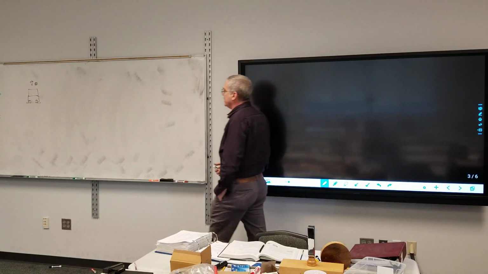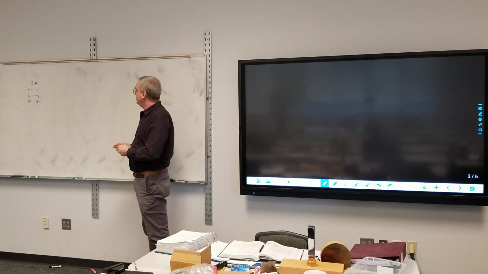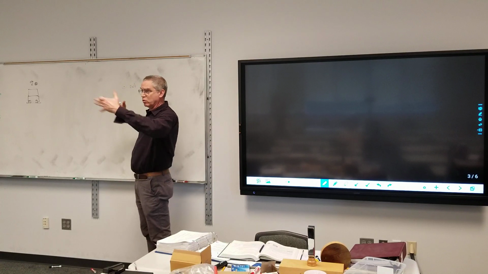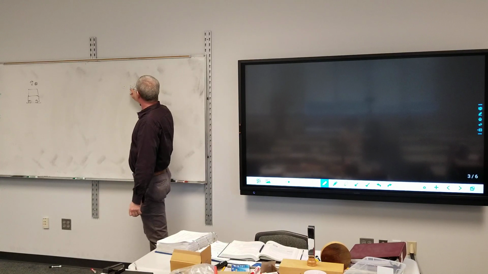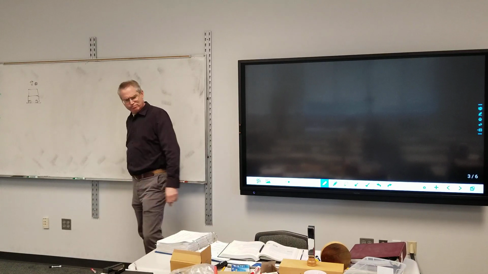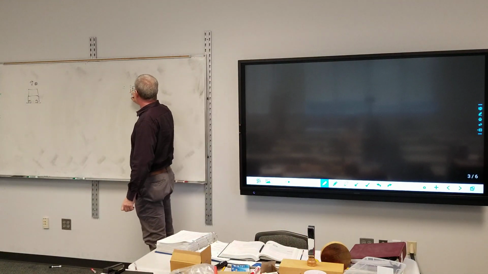And the memory trick is, if you think about an arrow, if an arrow is coming at you, you see a point. And so a dot right there would indicate out of the board, or toward the viewer.